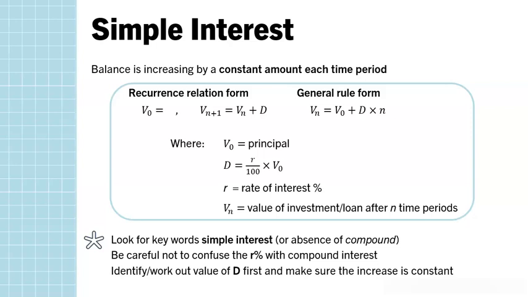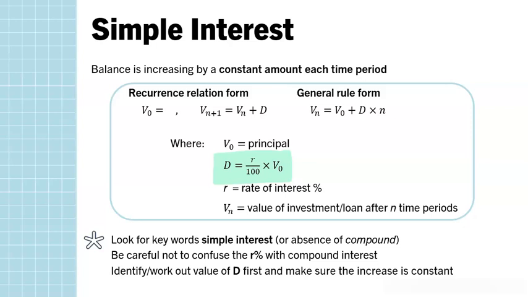And so in order to calculate the constant amount, we need to use the formula that is here, where D is equal to R over 100, so that rate over 100 times our principal value. Obviously, R is our interest rate, and Vn is the value of the investment or loan after N time periods. The time periods for the rate and the value of N should be the same, and if not, we may need to adjust.